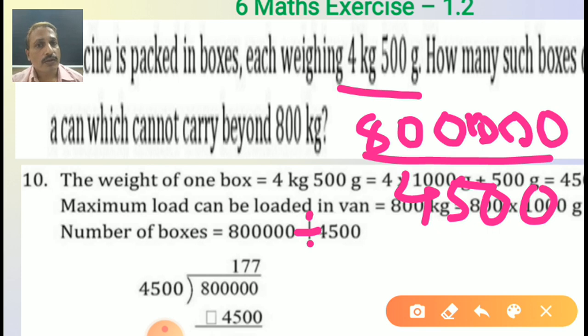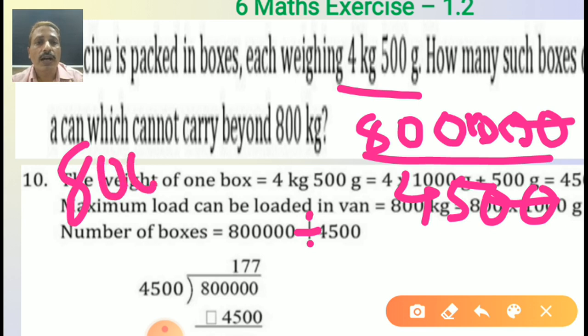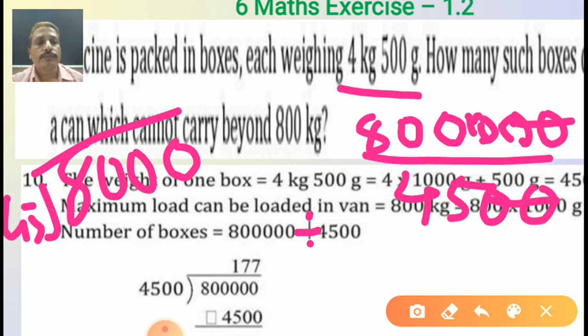Now check out. You can cut the number of zeros together. This 2 zeros gone, this 2 zeros gone. What is left now? 8000 divided by 45.